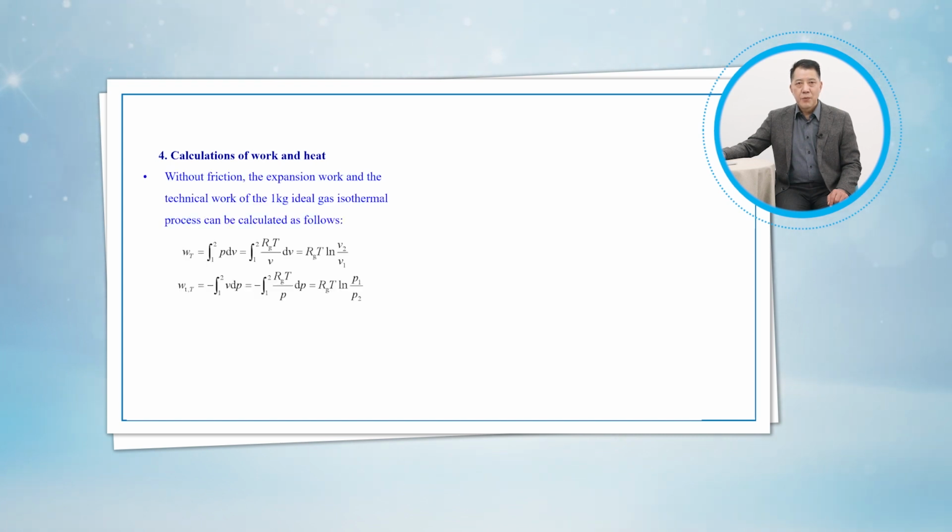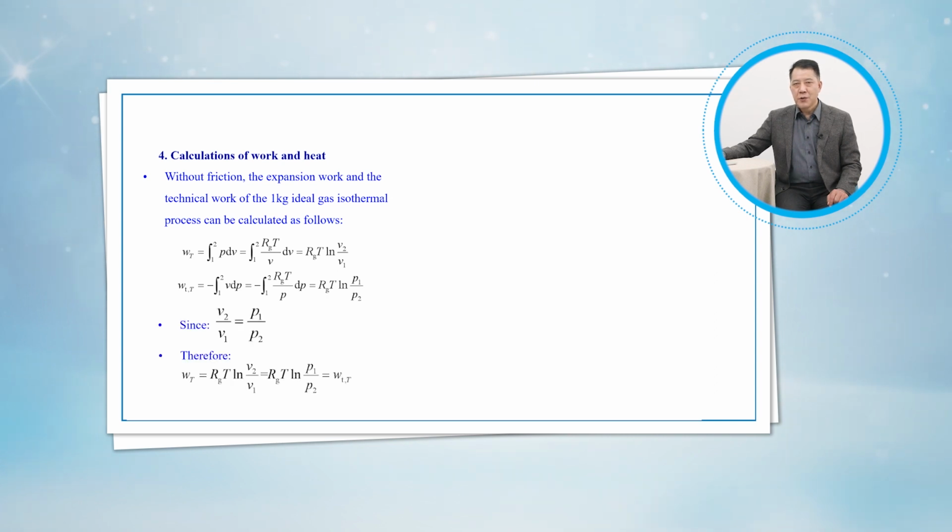Fourthly, we come to the calculations of work and heat. Without friction, the expansion work and technical work by 1 kilogram of ideal gas proceeding an isothermal process can be calculated as follows.